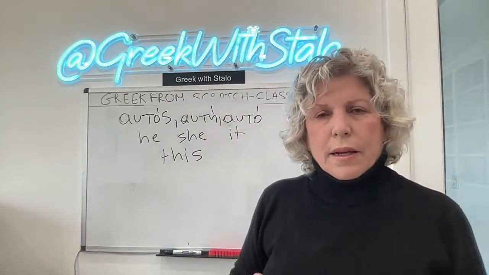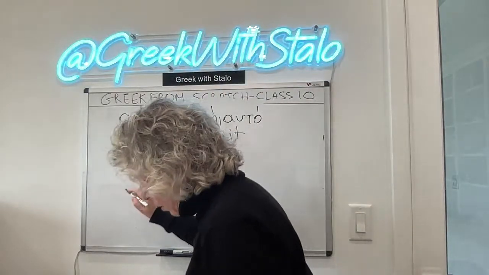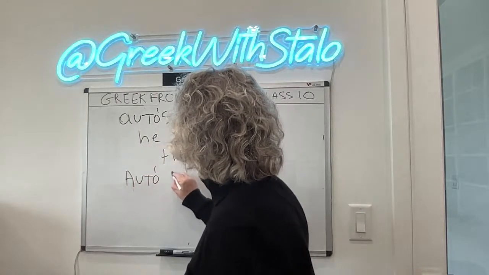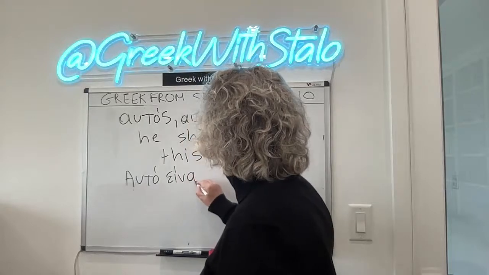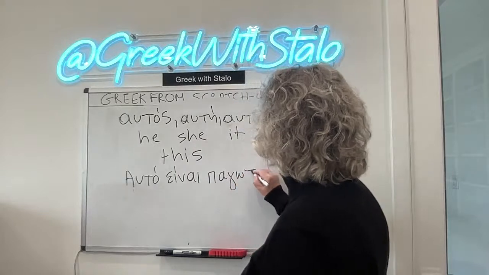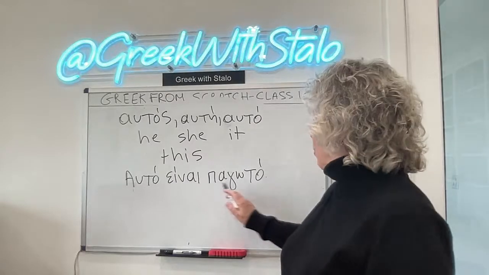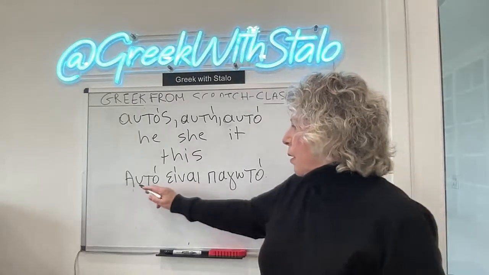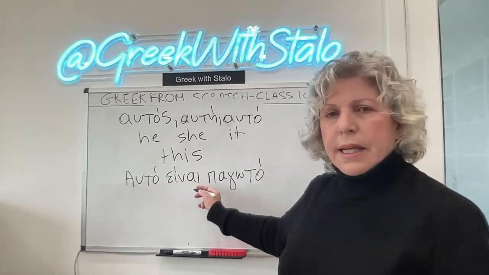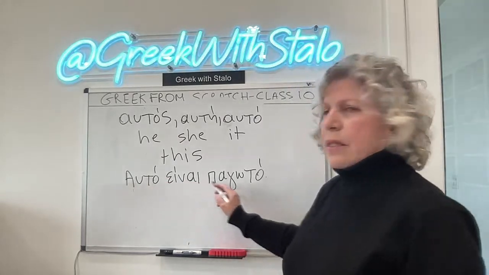Okay, let's look at a couple of examples. Αυτό είναι παγωτό. This can be translated as it is ice cream or this is ice cream.